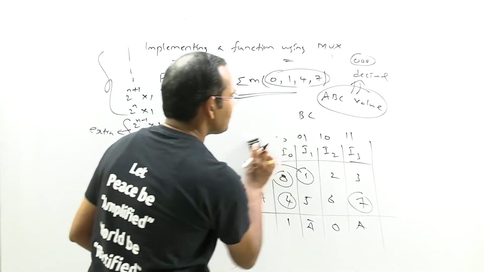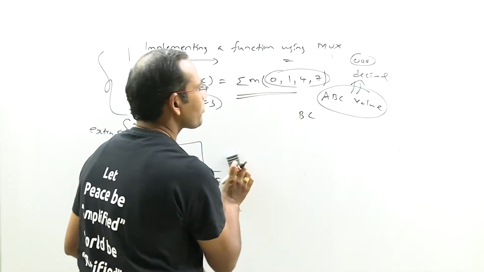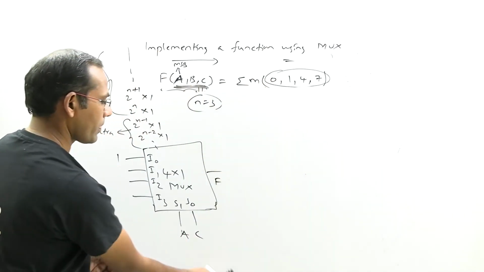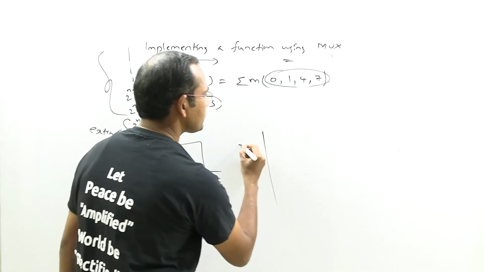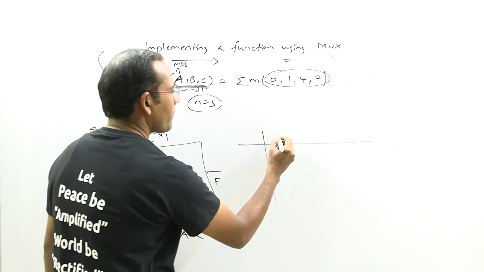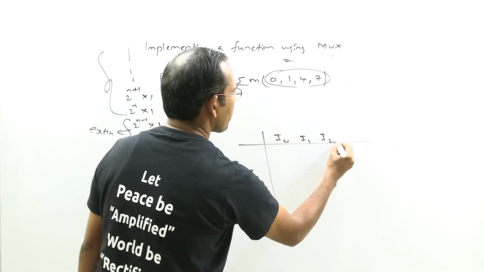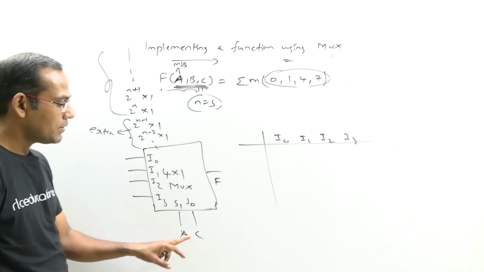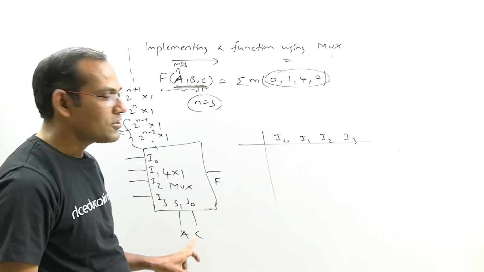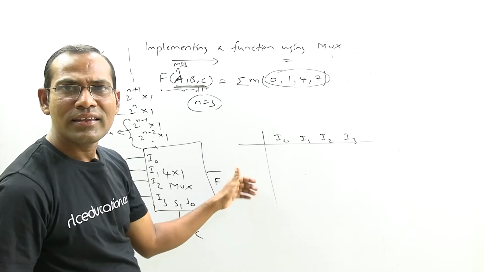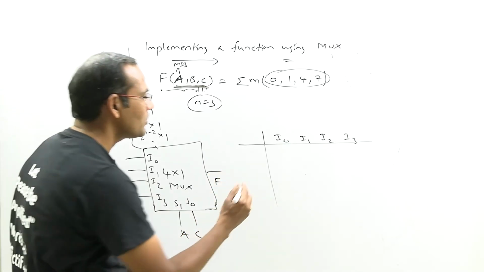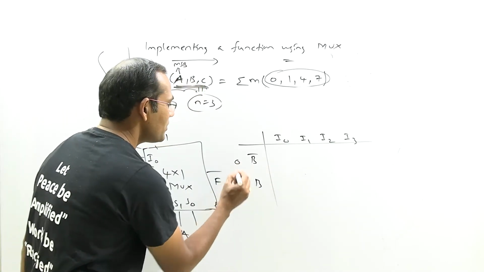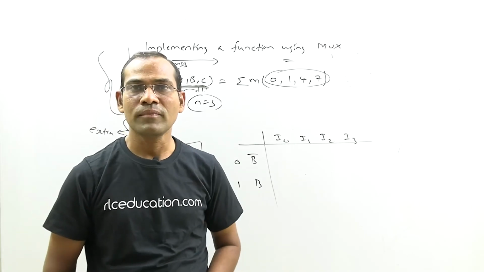Now see what happens. So here the remaining variable is B. So this side is the remaining variable combination: B bar, B. B bar means 0, B means 1. That's the binary value.